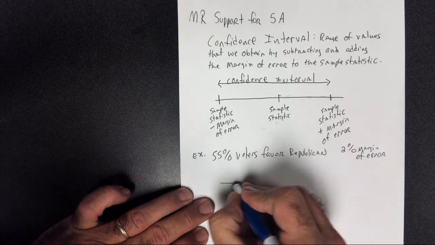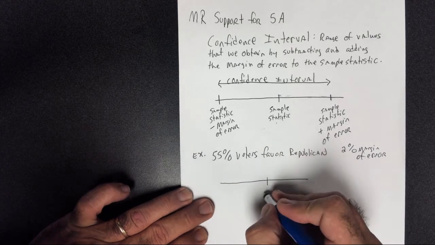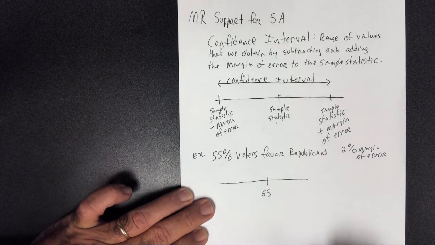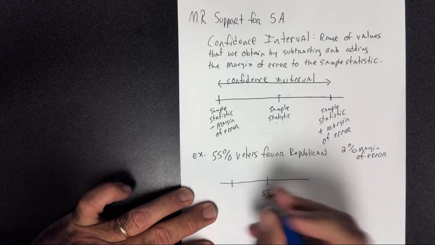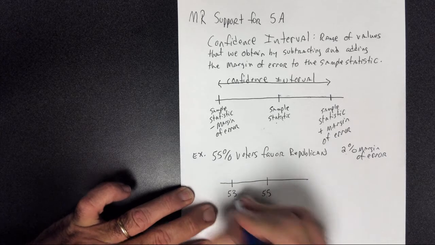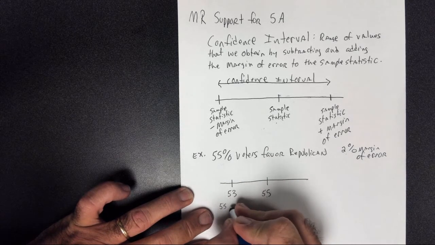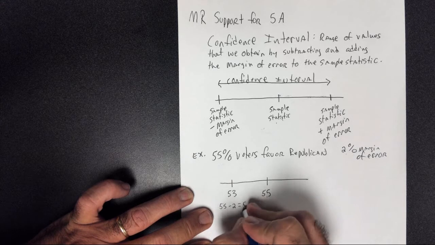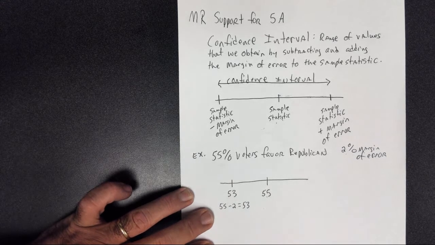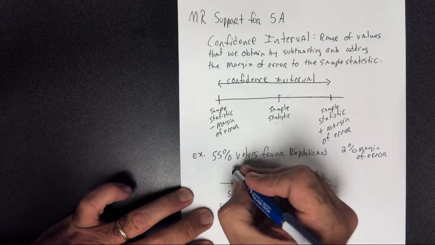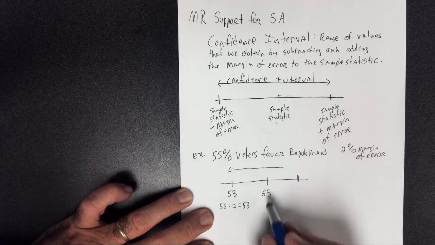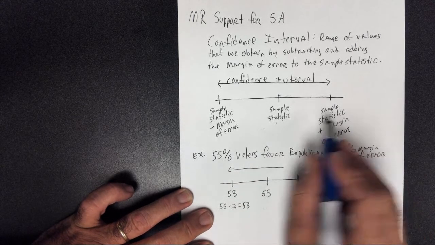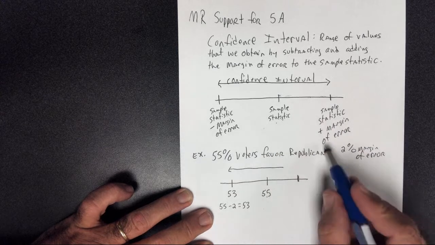So here's my statistic at 55. If I subtract 2 from 55, that'll give me 53. So we did 55 minus 2 and got my 53. That's going to be the left side of my confidence interval. Now I need to find that right side, which says I take 55, which is my sample statistic, and I add my 2%.